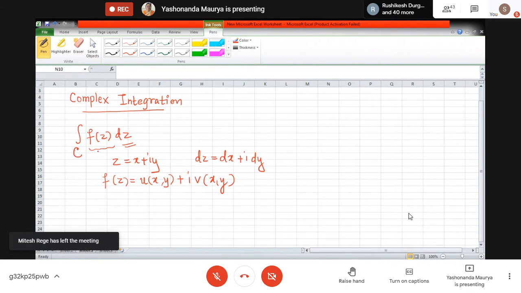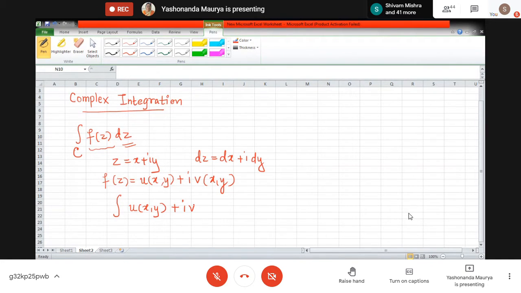So ultimately, this is my function to be integrated, here we'll have dx plus i dy, and here we have the curve.